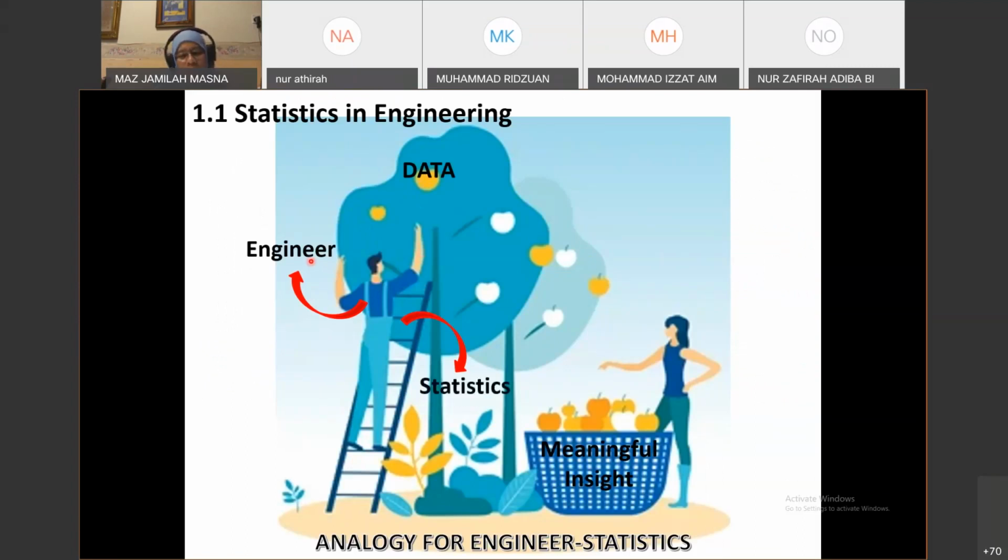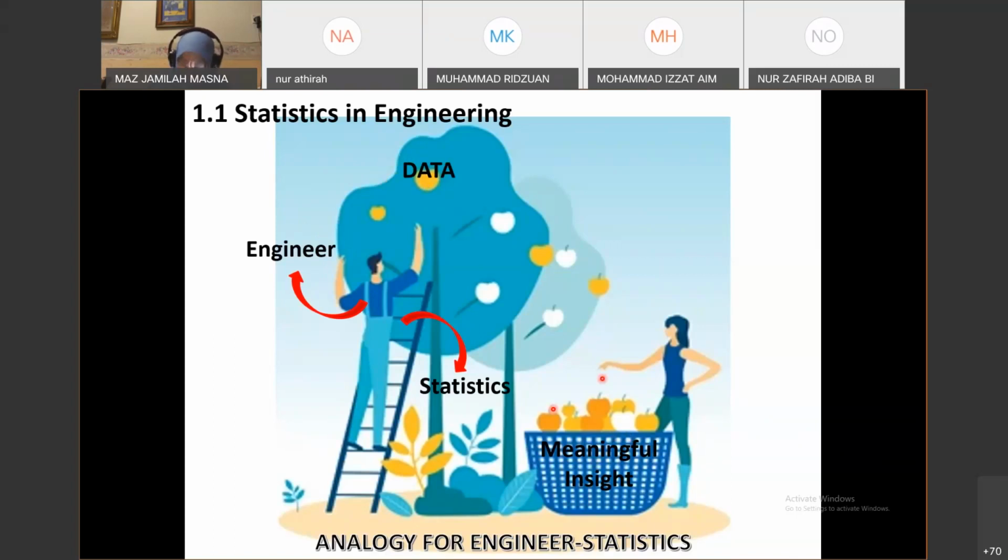Now, what happened is that in this particular situation, you as an engineer will not be able to process your data into meaningful insight if you don't use statistics in your process. That's why I put statistics as the label here. And you as an engineer are trying to get the data. And from this data, you're going to pluck this fruit and then put it into the basket.